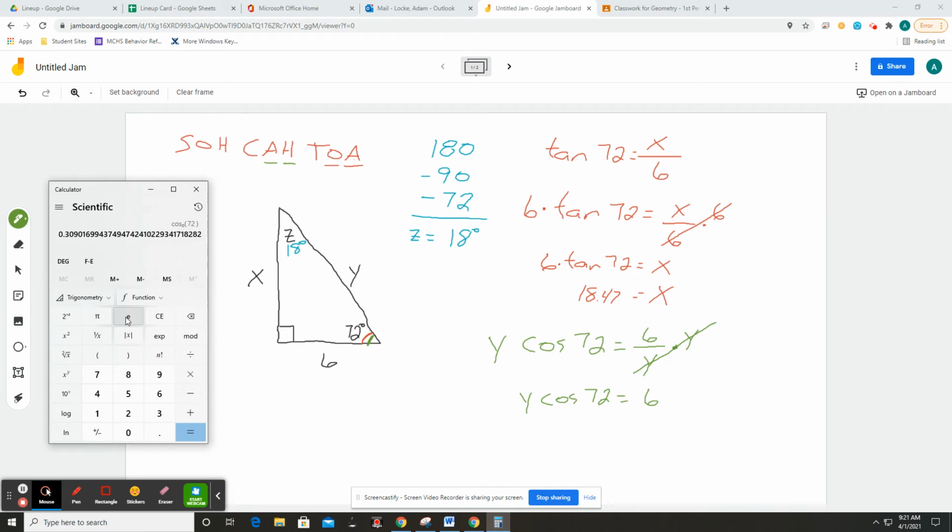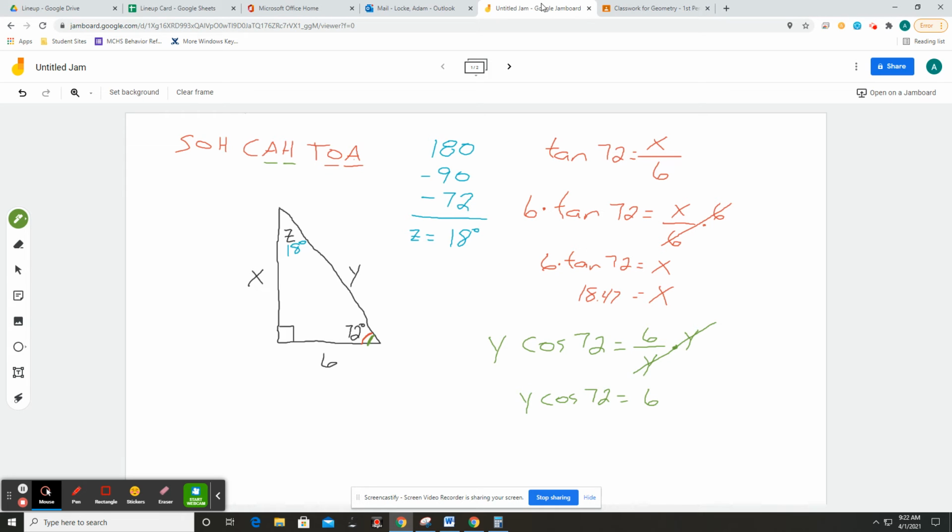Cosine of 72 is 0.31, we'll call it for the sake. Okay, so this is like y times 0.31 is equal to 6. But to get y by itself, I need to divide by the cosine of 72. So y times the cosine of 72 divided by the cosine of 72 cancels out to just y. So y is going to be equal to 6 divided by cosine of 72.